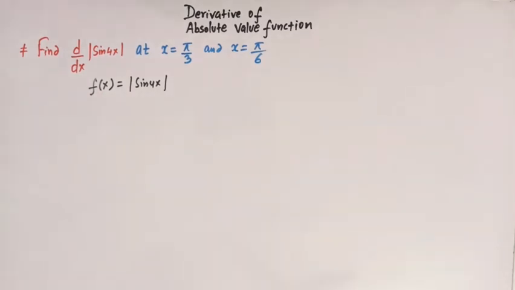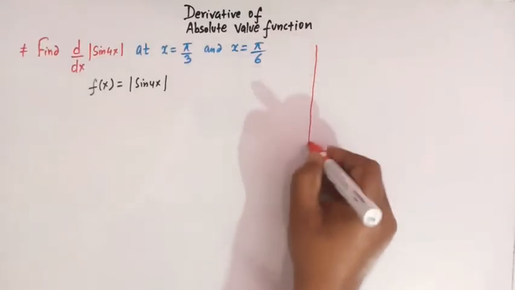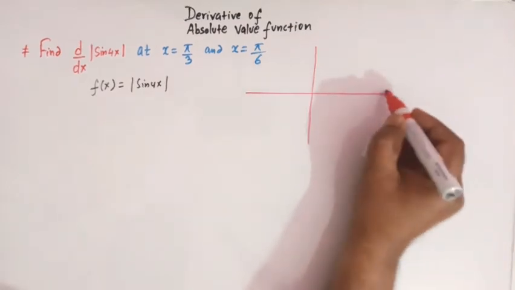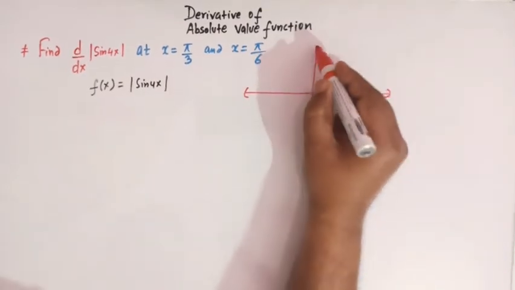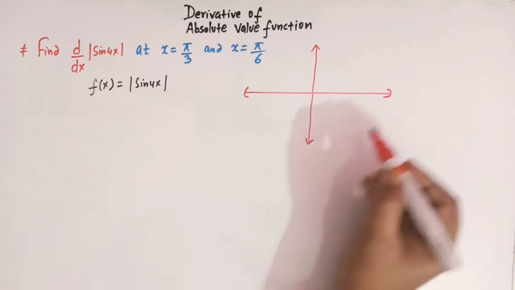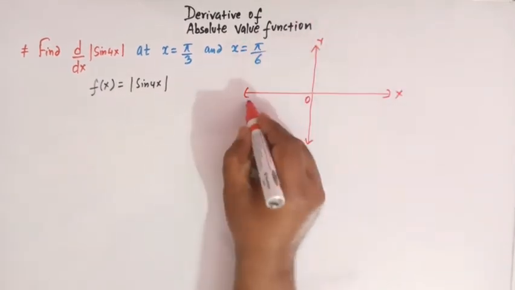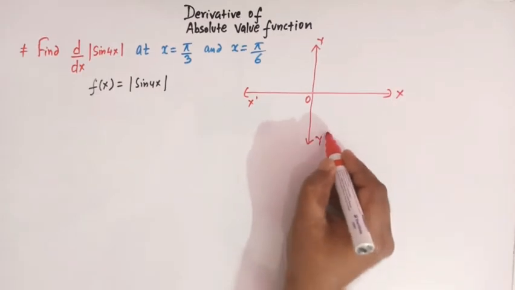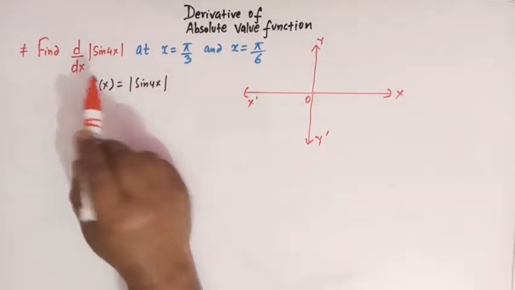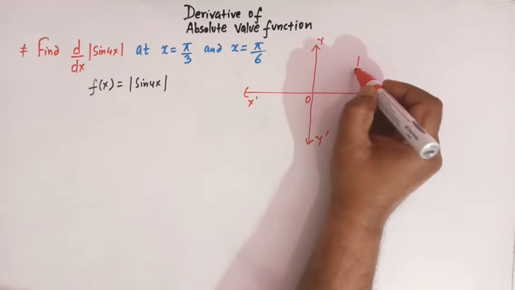Now at this step, let us take the help of trigonometry, and we know the sign of the sine function. Here this is the x-axis, and here we have the y-axis. Now here we have four quadrants.